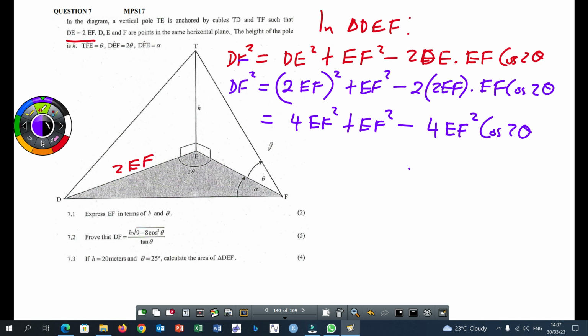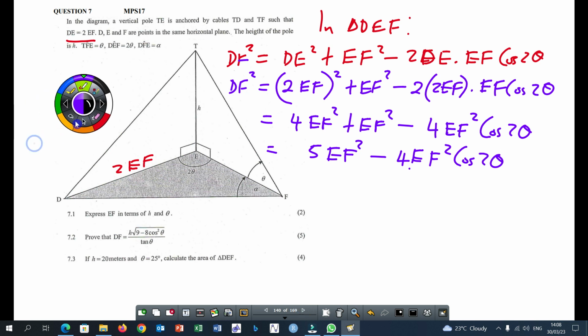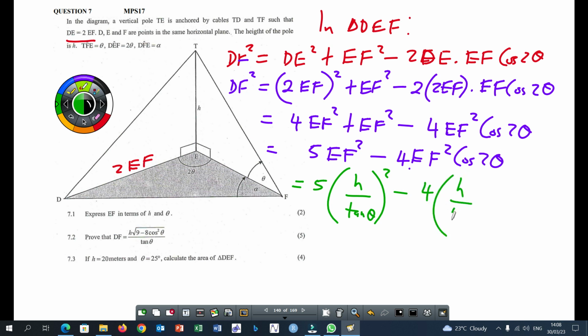Okay, then I now need to substitute my EF there. So this is also 5EF squared minus 4EF squared cos 2 theta. Then my EF is that. I just substitute it, and I get 5 times h over tan theta squared minus 4 times h over tan theta squared times cos 2 theta.